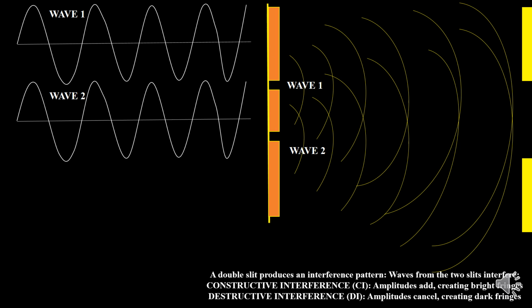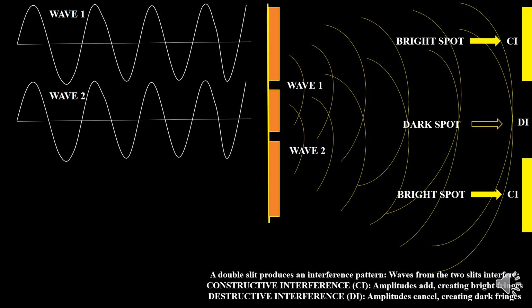And what you see on the screen is a dark spot and a bright spot. Ci stands for constructive interference and Di stands for destructive interference. Now the bright spot on the screen is due to constructive interference, while the dark spot on the screen is due to destructive interference.